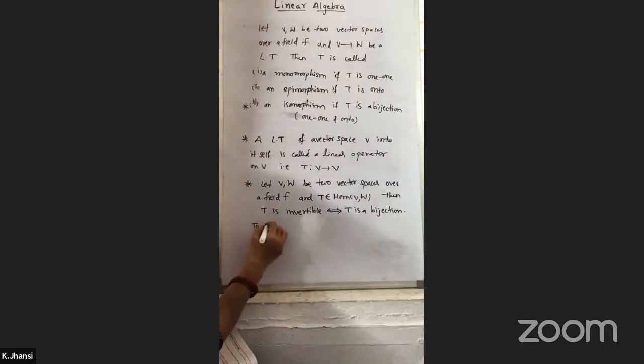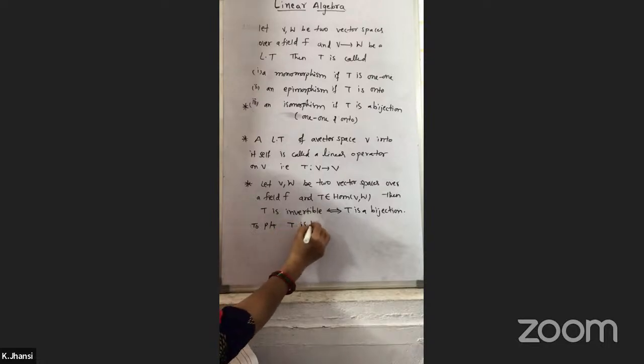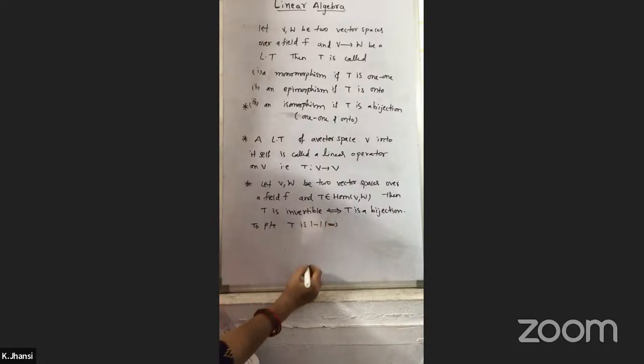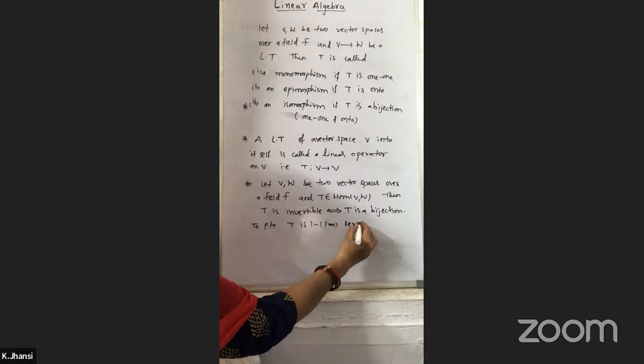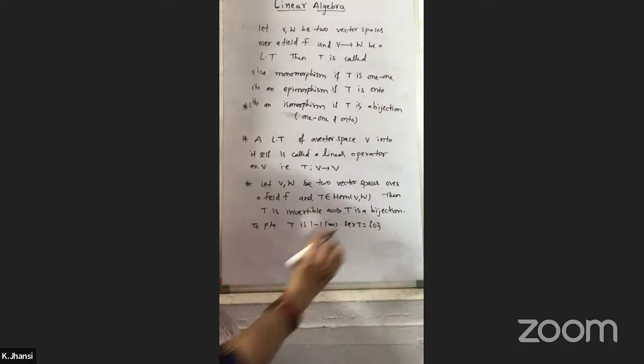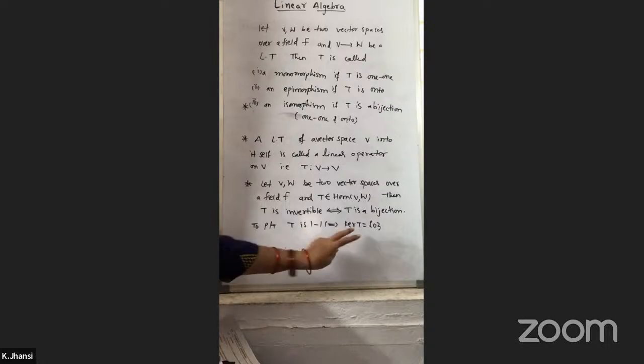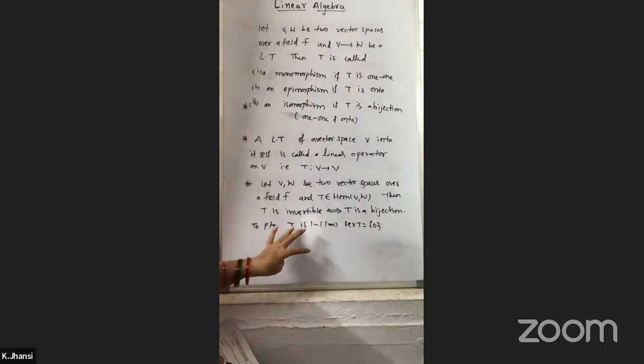To prove this theorem, we have to show that T is one-one if and only if kernel of T equals the zero vector. If you prove that kernel of T is the zero vector, then it is enough to say T is one-one. So if we get the kernel of T as 0, then we can show that T is one-one.